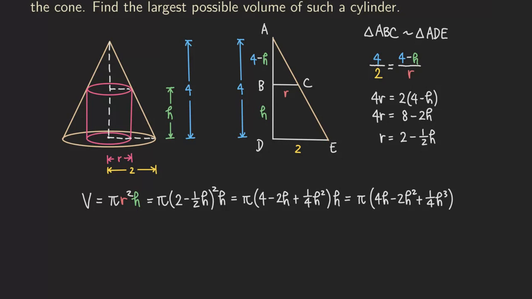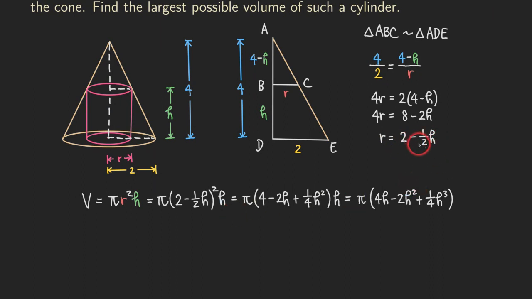Okay, next step, we need to take the derivative now. This is actually our objective function because this is the function that we are trying to maximize here. Then you may say, what about the other function? The other function is really just giving you a substitution on the R, and it can also be considered as a constraint function, because once you have chosen an H value, then your R value will get affected, right?